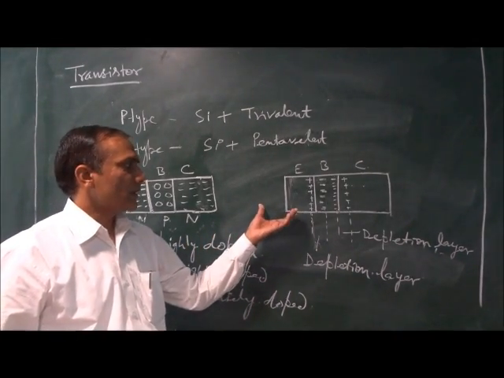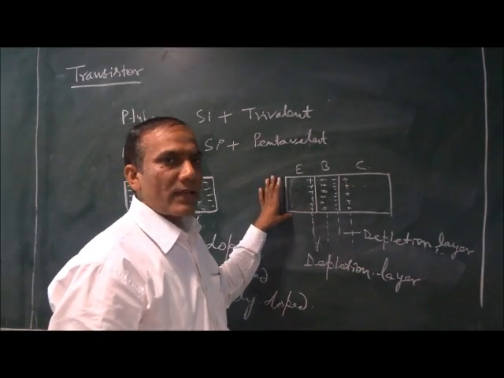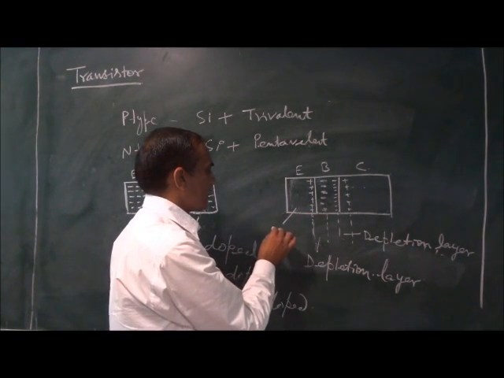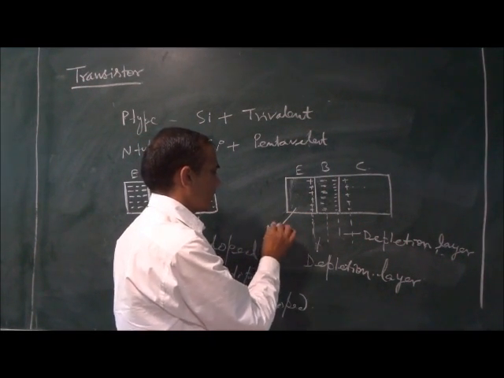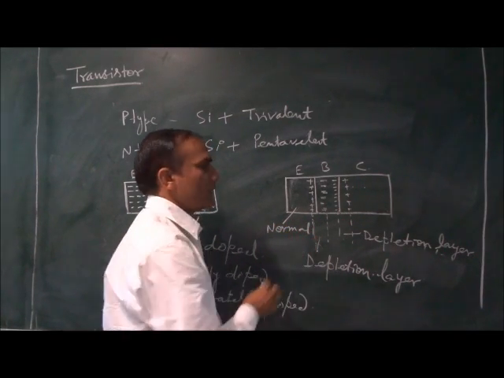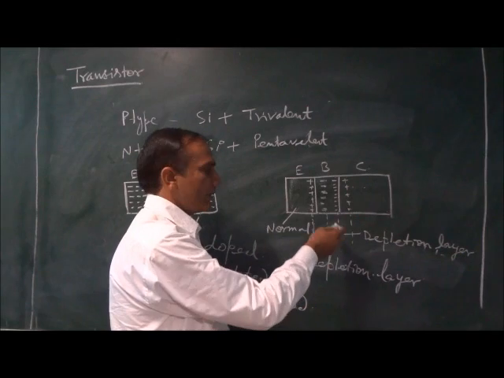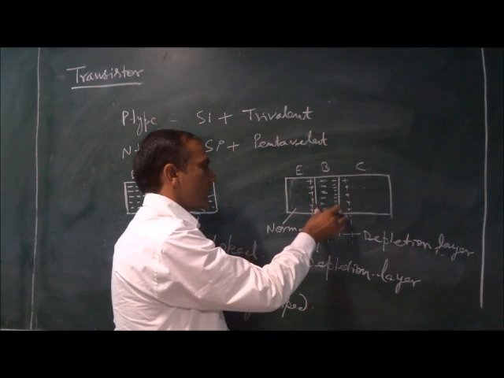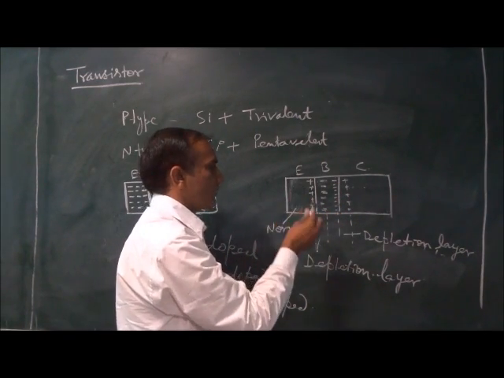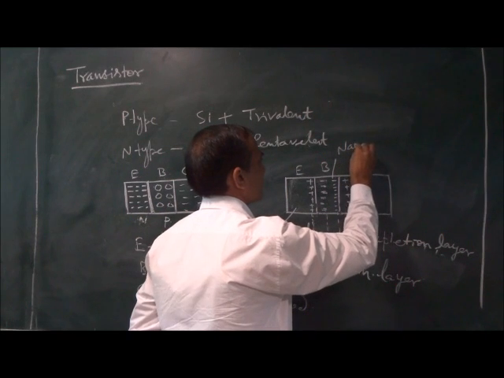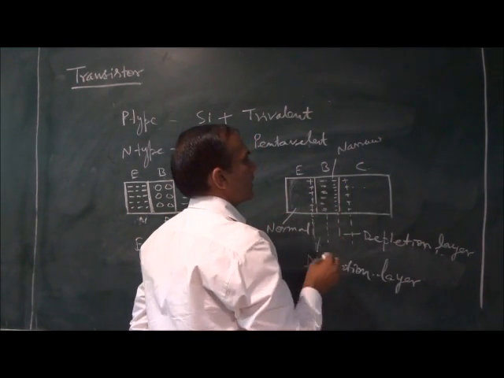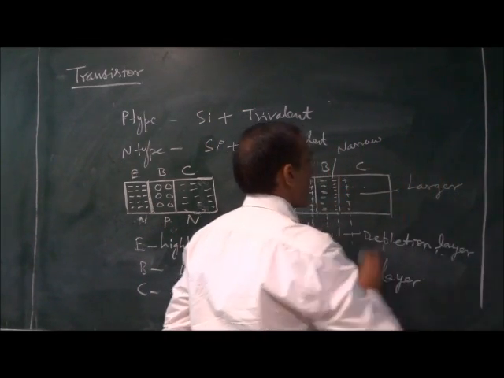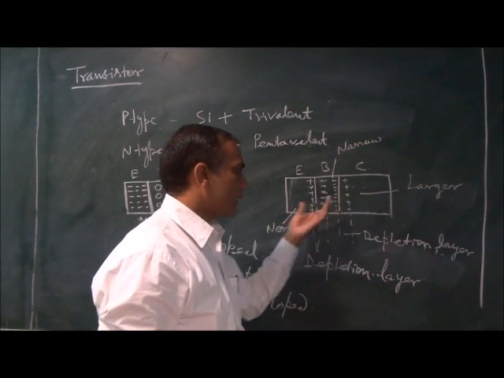Before biasing, first let us understand the size wise. What is the size of these regions? So emitter is having a normal size here. Whatever size it is having, the base region is having narrow, it is smaller size than the emitter size. So this one is your narrow region, and then collector is the largest region. Its size is larger because collector is going to handle the maximum current.